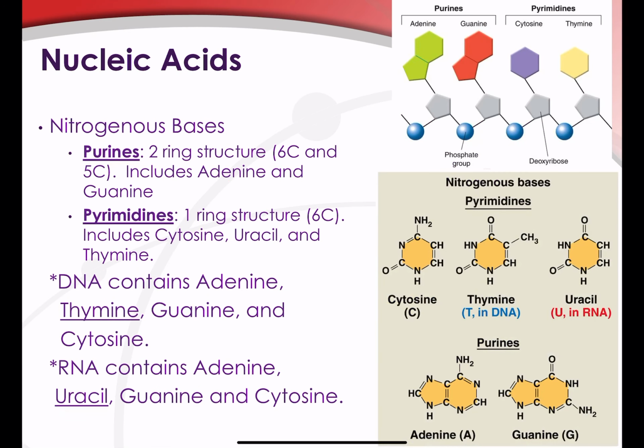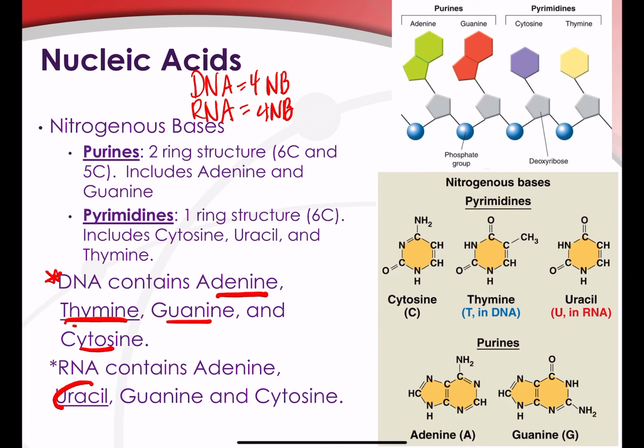So, DNA is made up of nucleotides, which have a 5-carbon sugar, a phosphate group, and a nitrogen base. DNA has 4 nitrogen bases, and RNA has 4 nitrogen bases, okay? The 4 nitrogen bases in DNA are adenine, thymine, guanine, and cytosine.